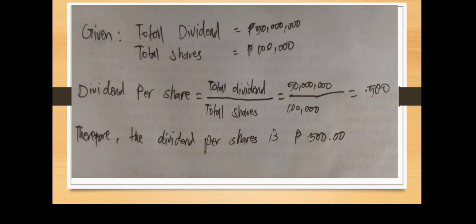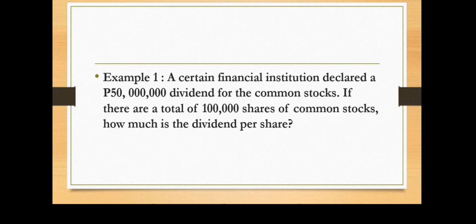We all know that the dividend per share is equal to the total dividend divided by the total shares. So now let us substitute the given: the total dividend 50 million and total shares 100,000. So the answer is 500 pesos. Therefore, the dividend per share in this example is 500 pesos.